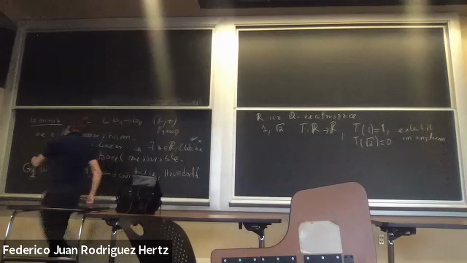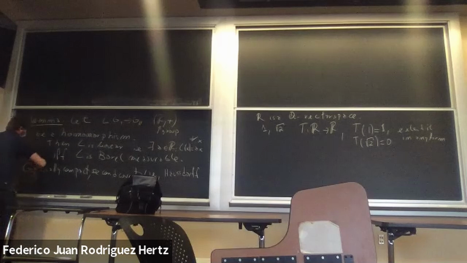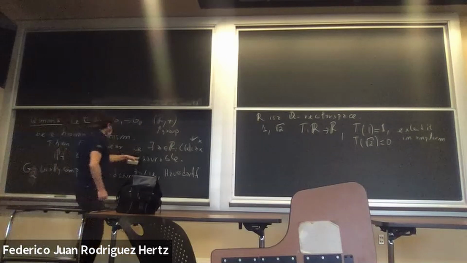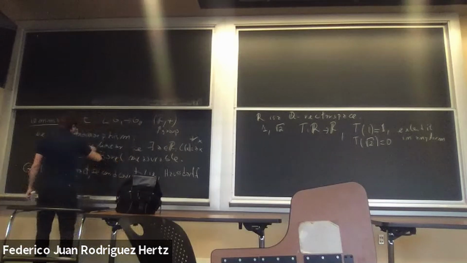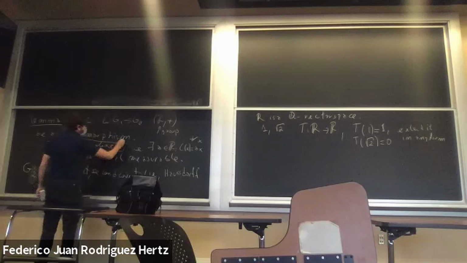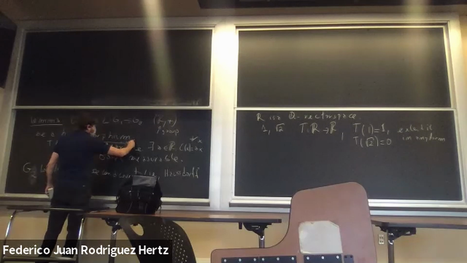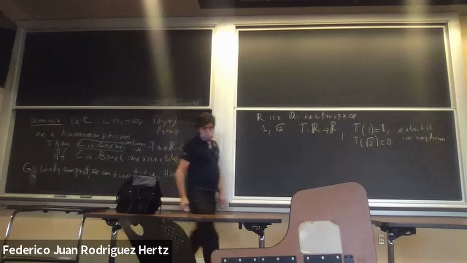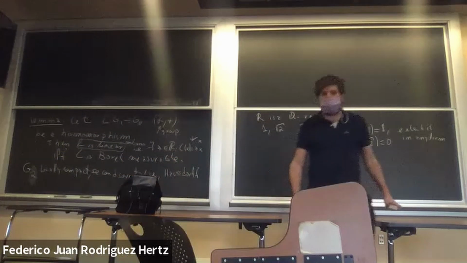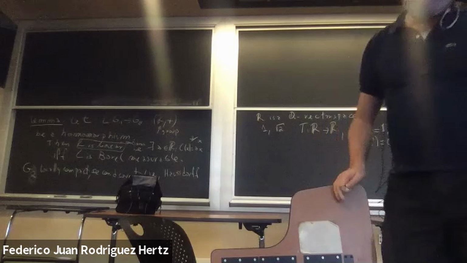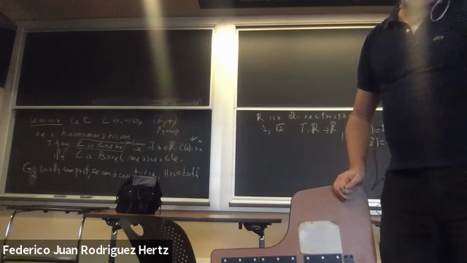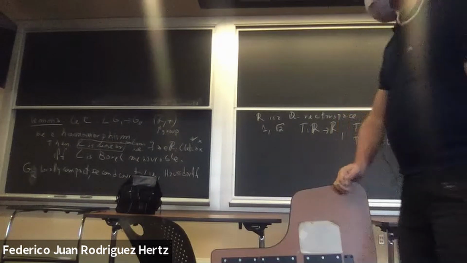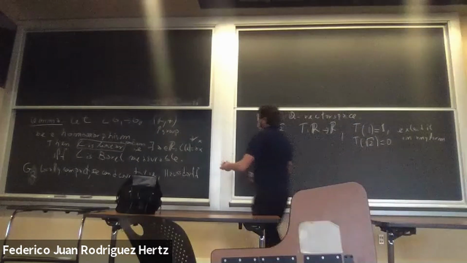G2, you don't need local compactness, but let's say it's still also locally compact. And then you will not have linear, you just replace this by continuous. But once it is continuous, it will be linear. And if you are in a Lie group, any continuous homomorphism is automatically smooth. So this is continuous.